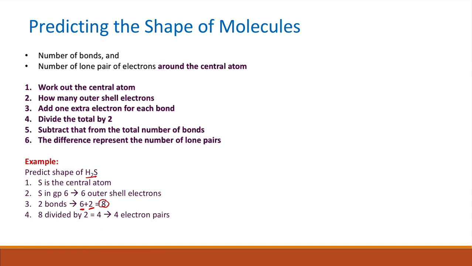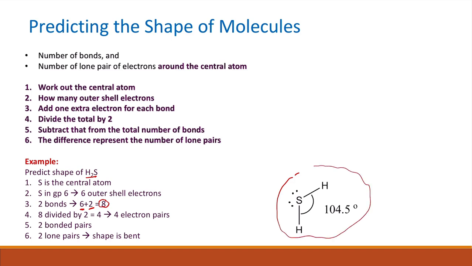So 8 divided by 2 will give you 4, so there are 4 electron pairs, and there are 2 bonded pairs because there are 2 bonds, which means there are 2 lone pairs. So now we have 4 electron pairs, 2 bonded ones, and 2 lone pairs. So the shape is going to be the bent or the V shape with a bond angle of 104.5. So this is the shape of H2S.